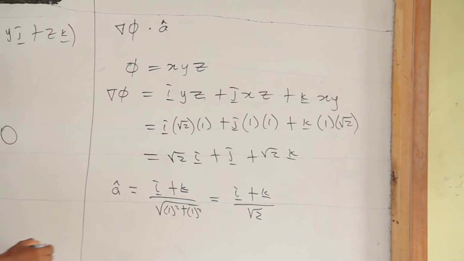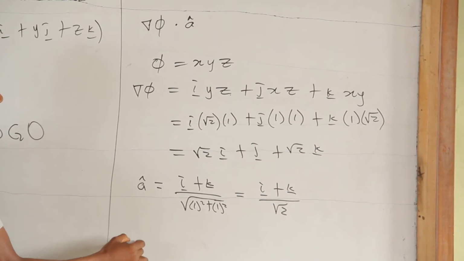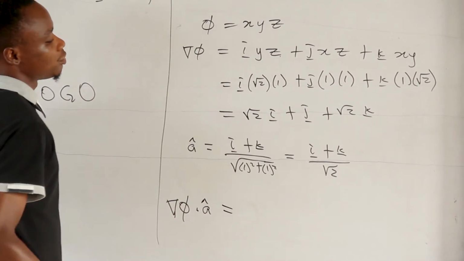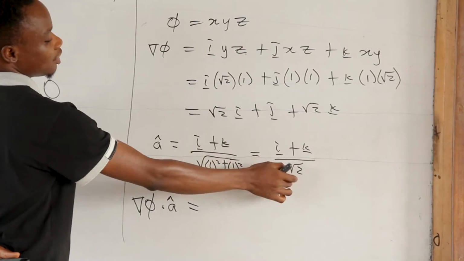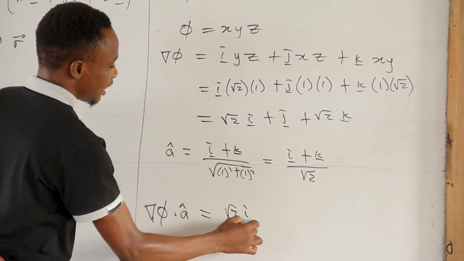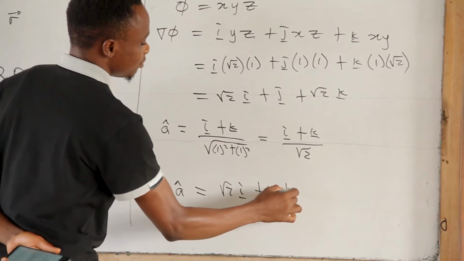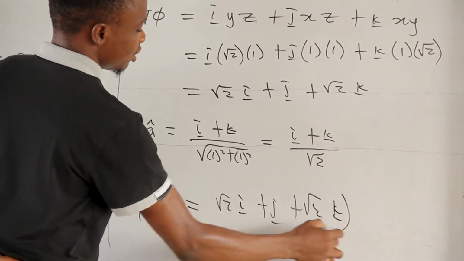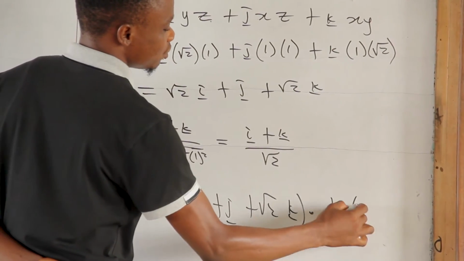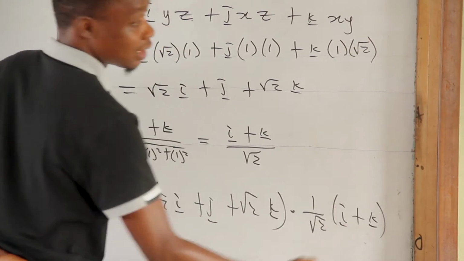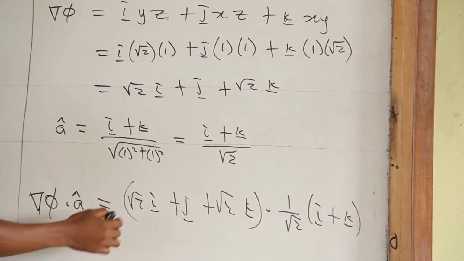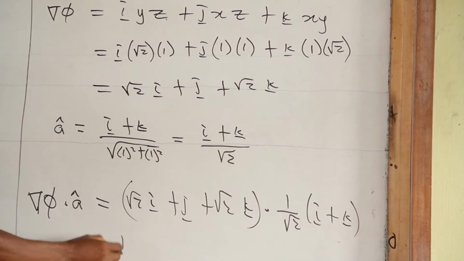Yes. Alright, so that means the directional derivative, del phi multiplied by this, I'm going to take this and dot it with this. That is going to give me root 2 i plus j plus root 2 k dot 1 over root 2 into i plus k. Is it clear? So I'll bring the i components. This will multiply that. Root 2 divided by root 2, that is 1.